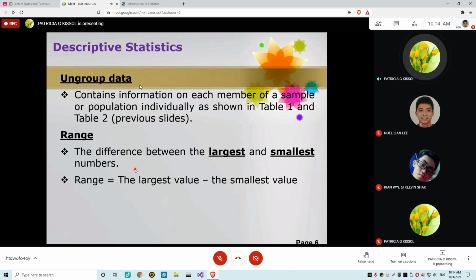The calculation of it is equal to the largest value minus the smallest value. So from table number 1, the largest value is 74, the smallest value is 60. So you just minus them. The largest value minus the smallest value gives us 14 kilograms. So that is the range.